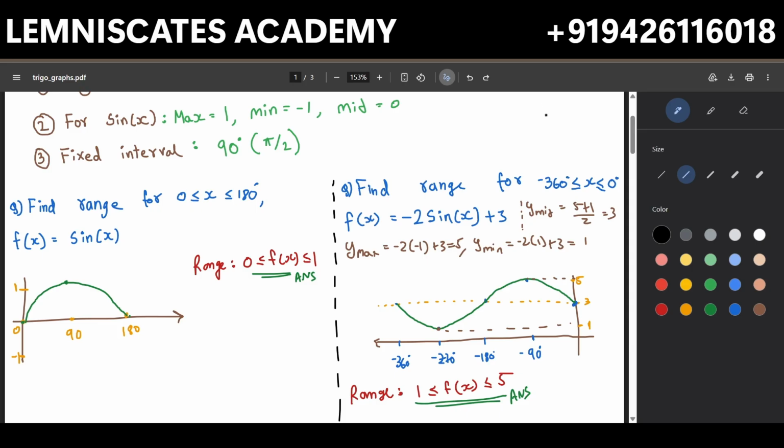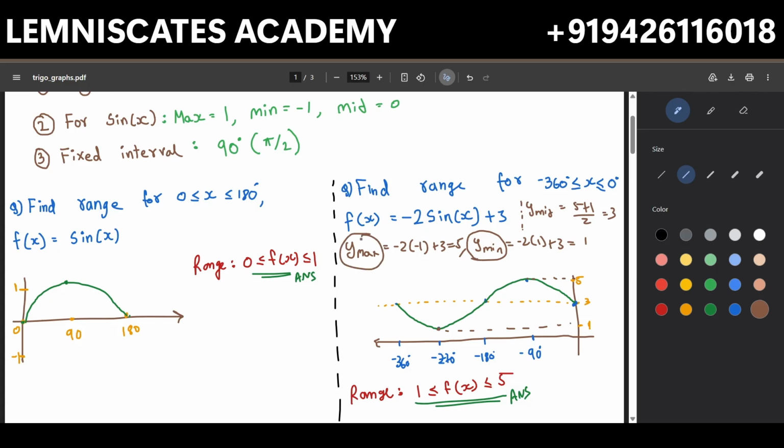Now I'll tell you a trick for which in 99% of the questions you can do it without the graph also. So what is the trick? If your domain includes at least one cycle, your answer will always go from y minimum, whatever value that you calculated, to y maximum.